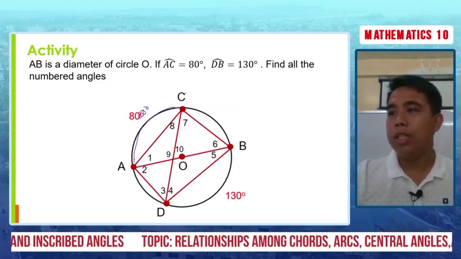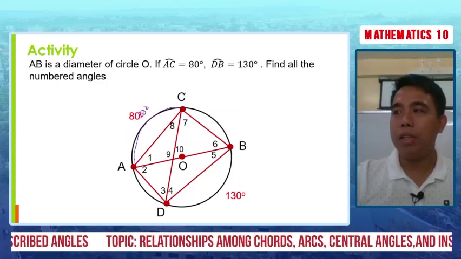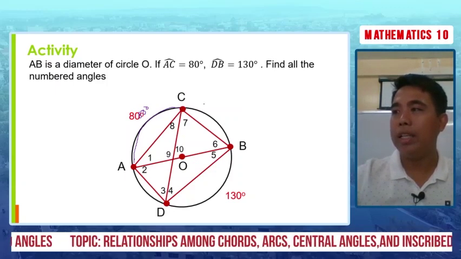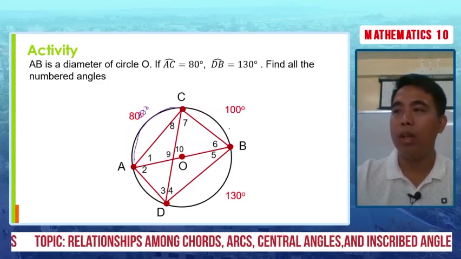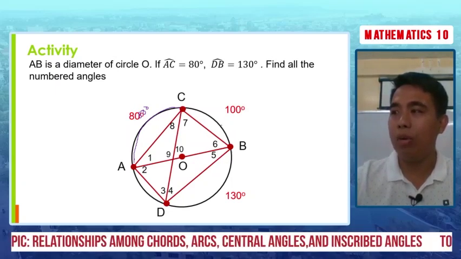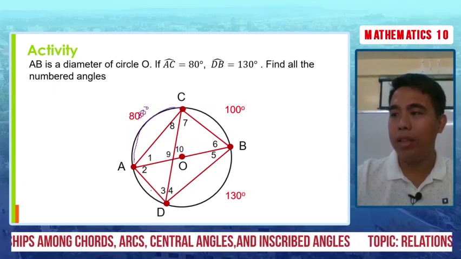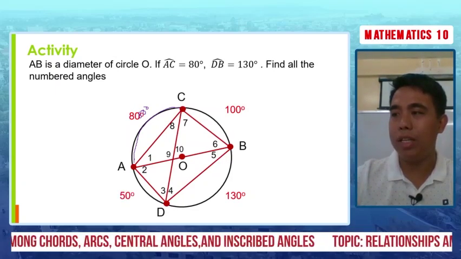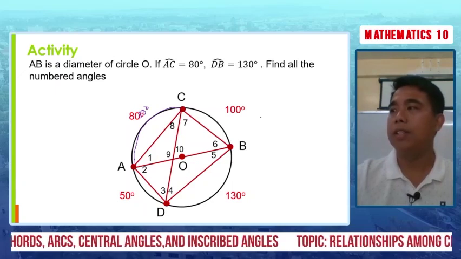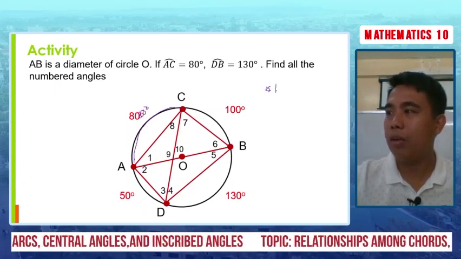Now, since AB is a diameter, therefore arc CB is equal to 100. Why? Because it is 180, so 80 plus 100 is 180. And the other one, 130, therefore this is 50 degrees. So let's find angle 1.